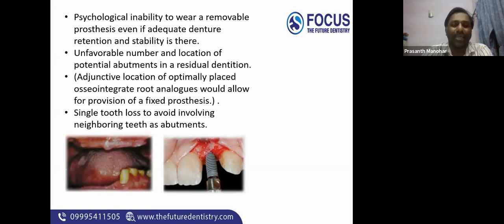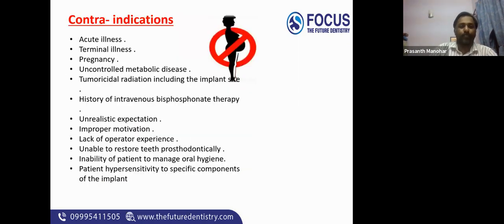Understood? Single tooth loss, where the neighboring tooth has to be preserved, or when the patient is not willing for preparation of the abutment teeth, then we'll go for an implant supported prosthesis. So these are the indications for an implant supported prosthesis.